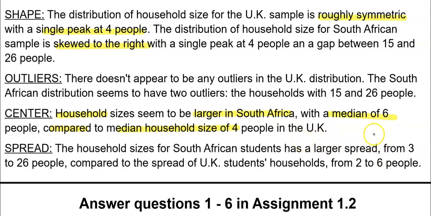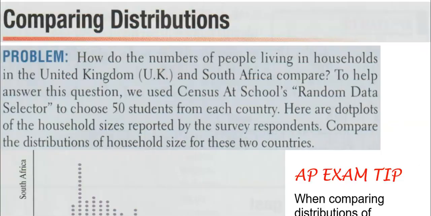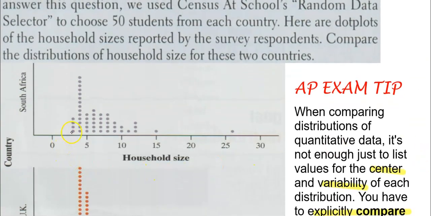Remember, median is the middle value. To find that, I literally count the number of values. 1, 2, 3, 4, 5, 6, 7, 8, 9, 10. Should have had my pen out the whole time.